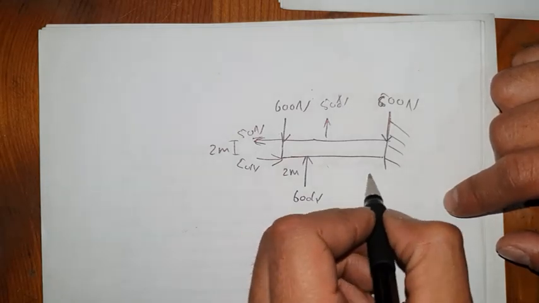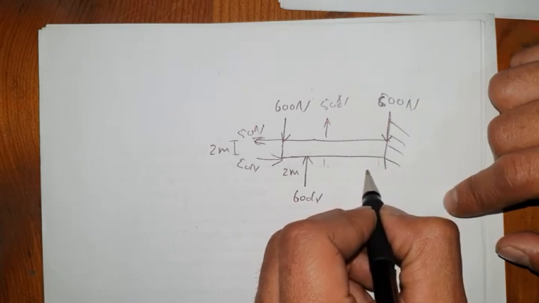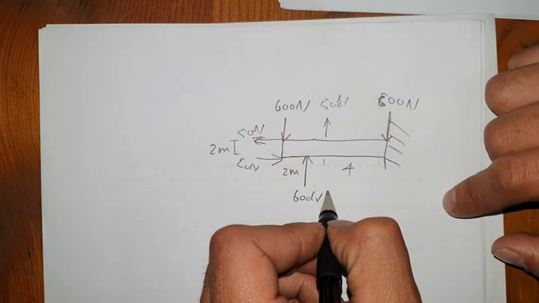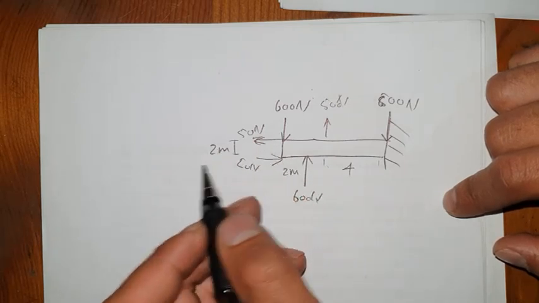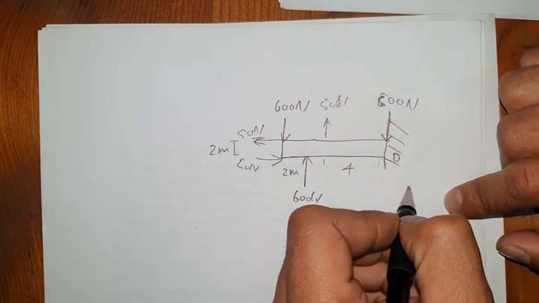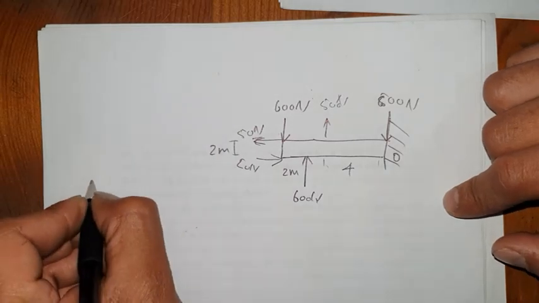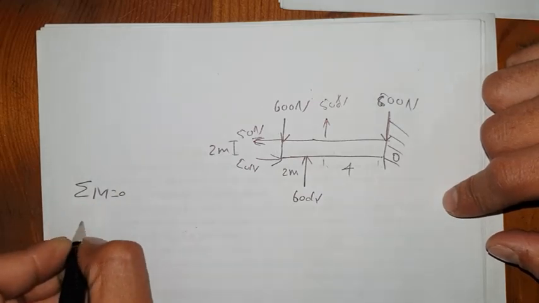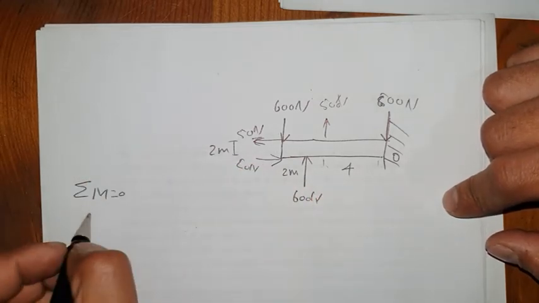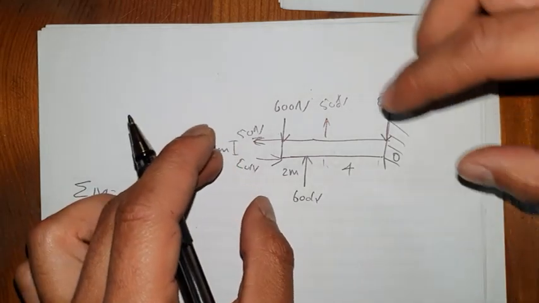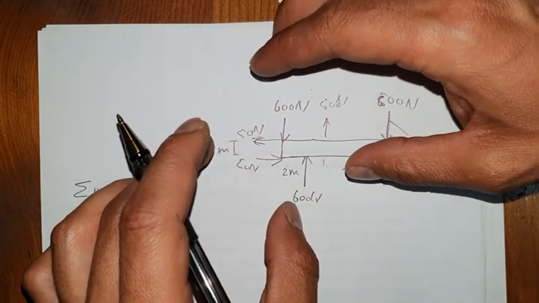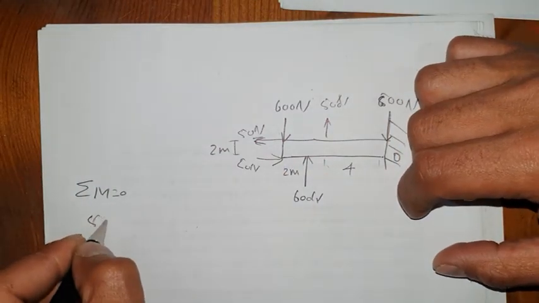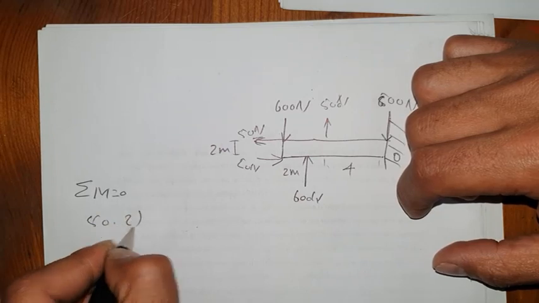Okay, so up to here we will get 4 meters and 2 meters. We'll take moment at this point. So when we take moment, the summation of moment is equal to 0. We'll start from this one. This couple force is moving counterclockwise, so it's positive: 50 times 2.